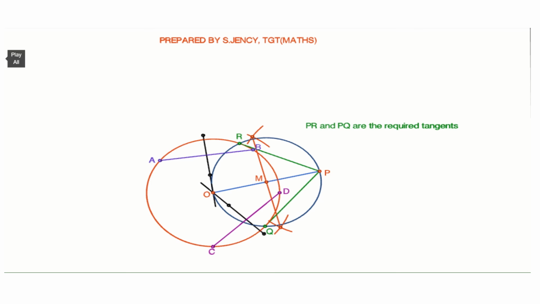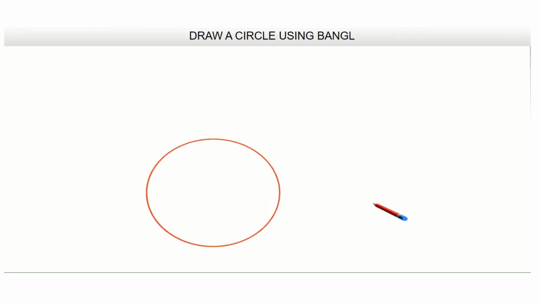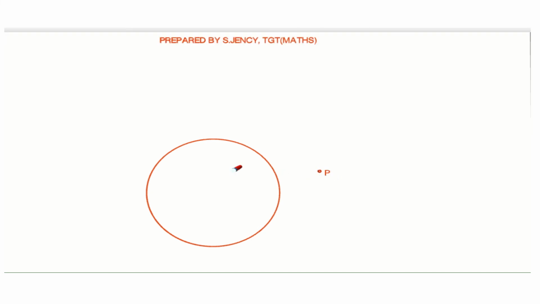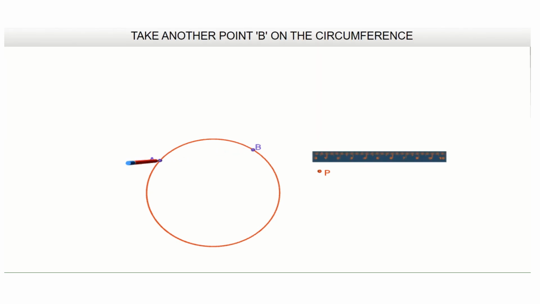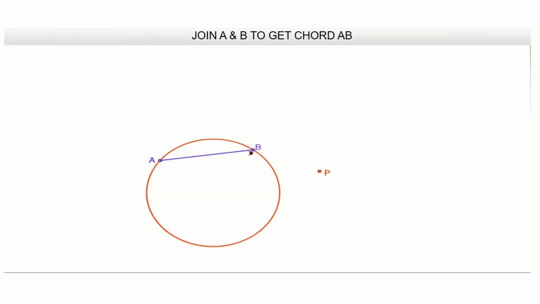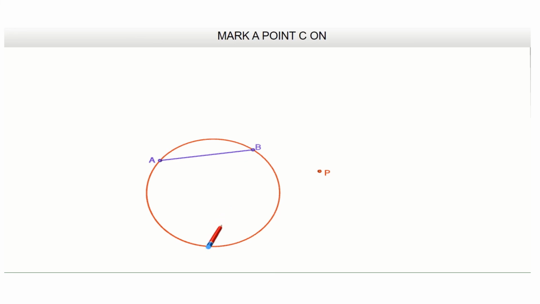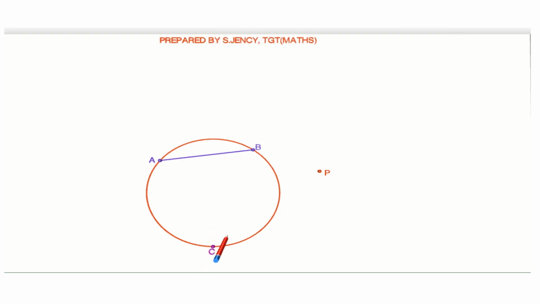Okay. So let us see what we have to do. First thing, we have to draw a circle with the help of a bangle with any radius. Next I am marking a point P away from that. Then I am going to draw a chord on the circle which is AB, and another chord which is CD.